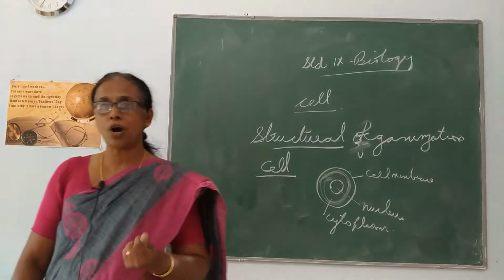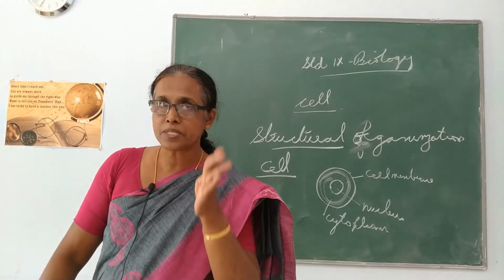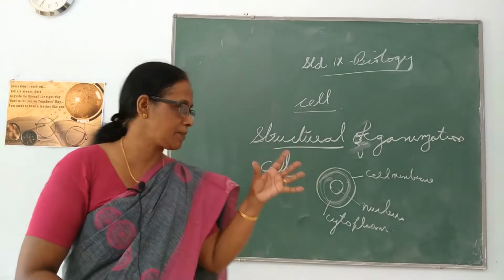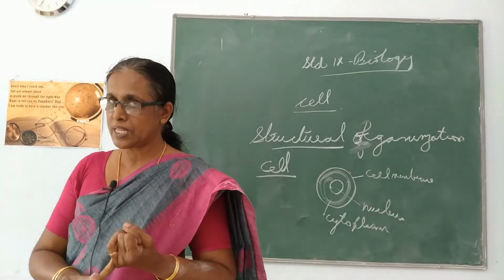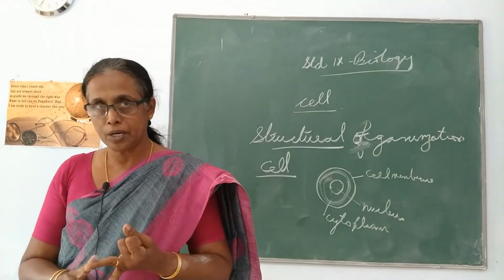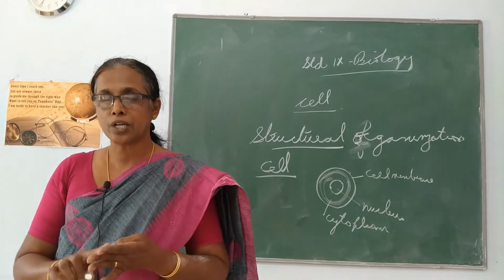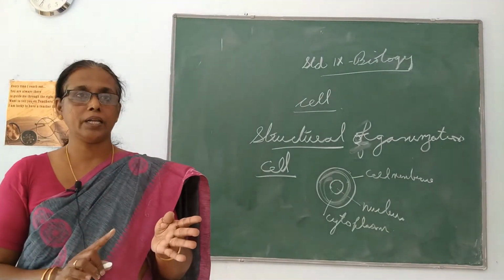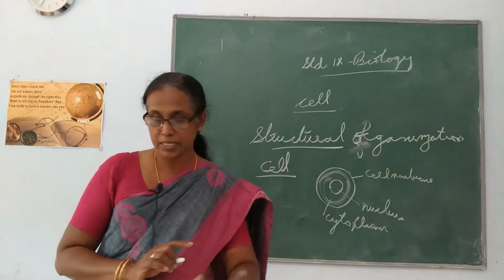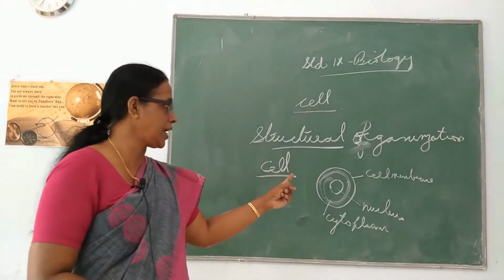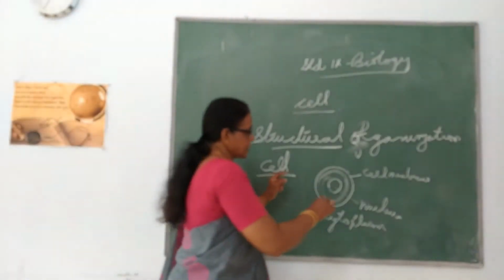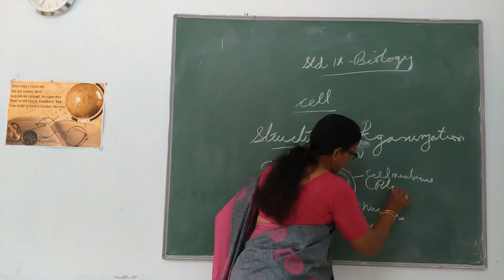What is the meaning of organelles? The specific substances that are embedded in the cytoplasm. That means the endoplasmic reticulum, Golgi bodies, plastids, chloroplasts, all these are organelles embedded in the cytoplasm. So the cell consists of the cell membrane, which is known as the plasma membrane.